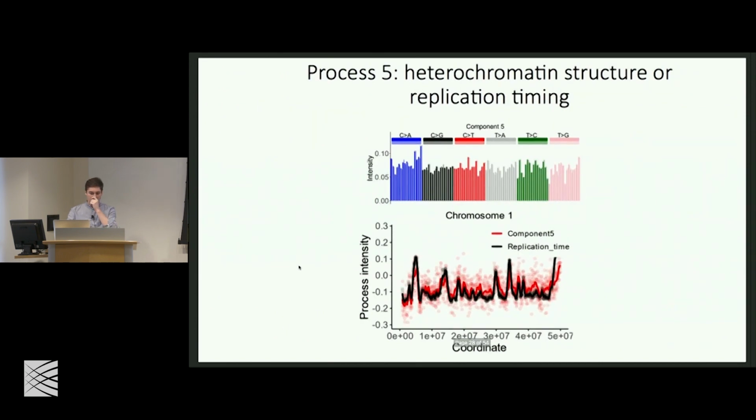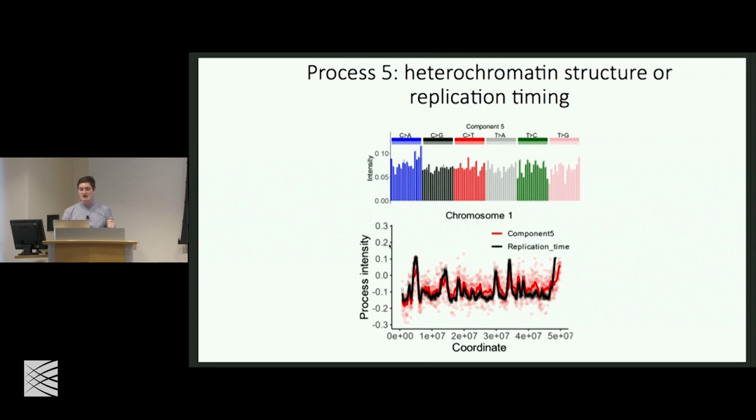Then the other process reflects heterochromatin structure or replication timing. These two features turn out to be statistically very similar, and so this process has quite a degenerate spectrum. The spectrum more or less reflects mutation rate, an almost uniform increase in all mutation types, with a slight increase of C2A mutations.